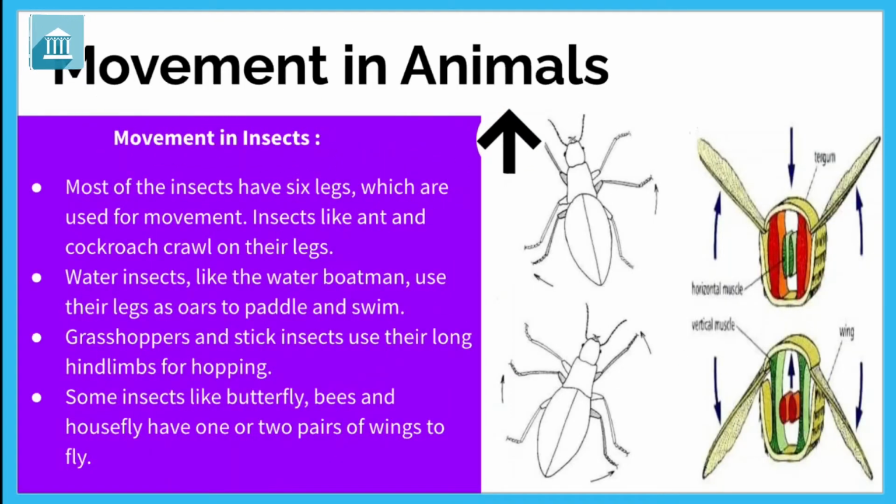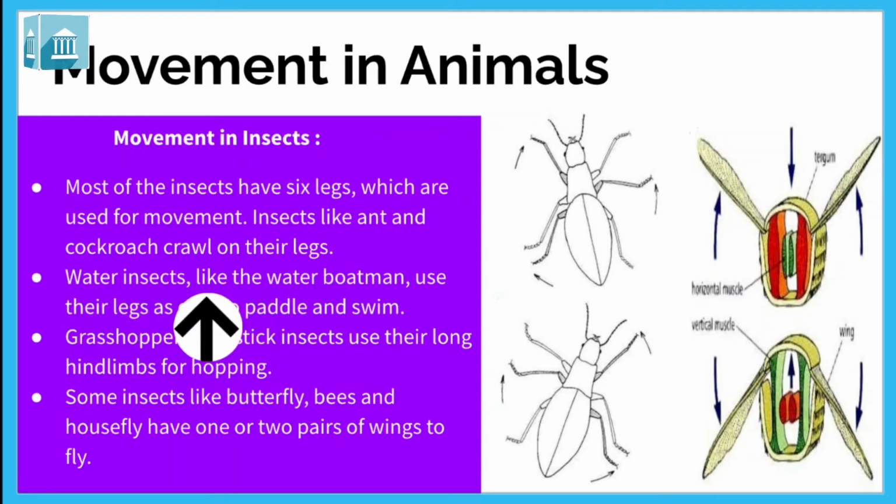Movement in animals. Movement in insects. Most of the insects have 6 legs which are used for movement. Insects like ant and cockroach crawl on their legs.